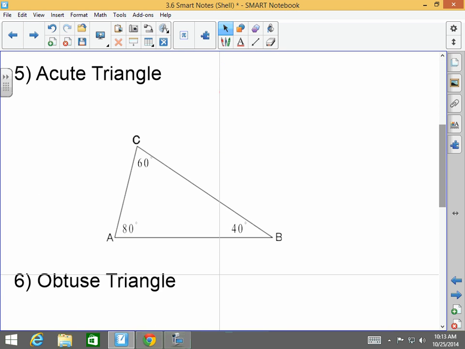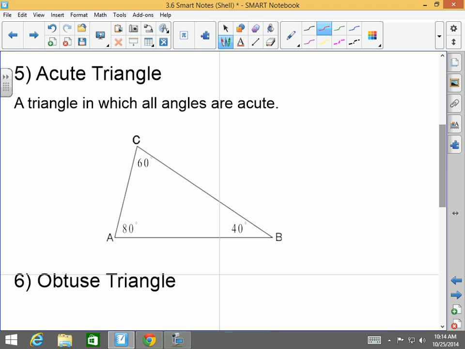Okay, we know the types of triangles due to sides, and now we're talking about the types of triangles due to angles. An acute triangle, you could pretty much get the definition by looking at the figure. A triangle in which all angles are acute.